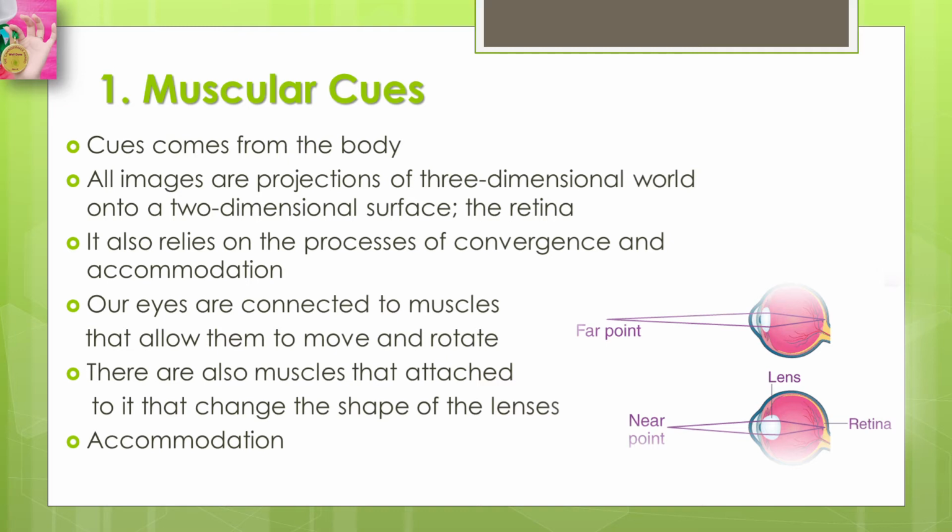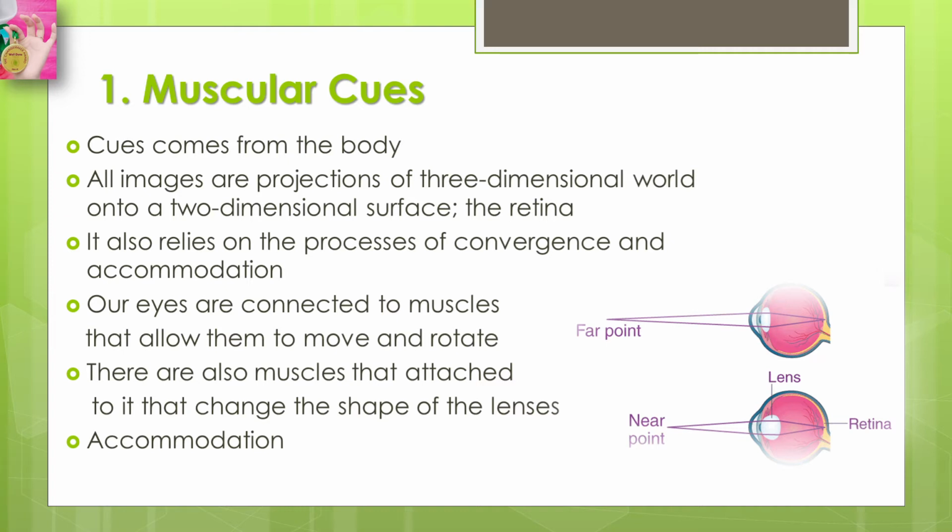Convergence and accommodation are terms which we'll also discuss under the topic of binocular cues, and we'll also be discussing them under muscular cues because of some similarities and the need.